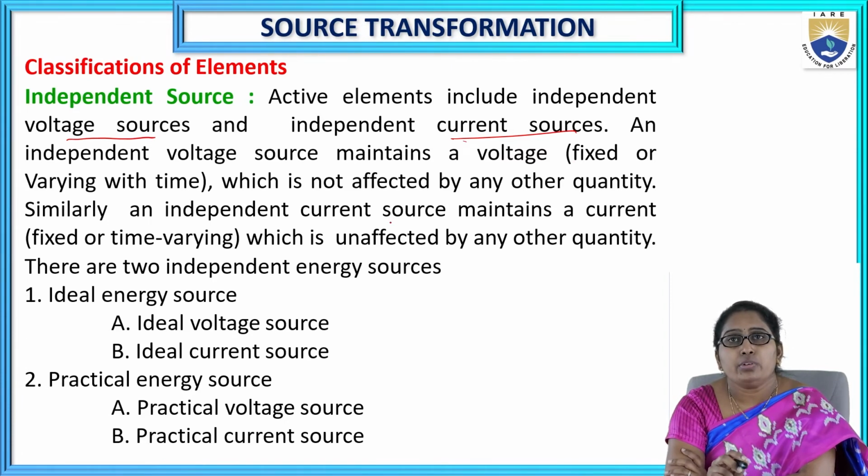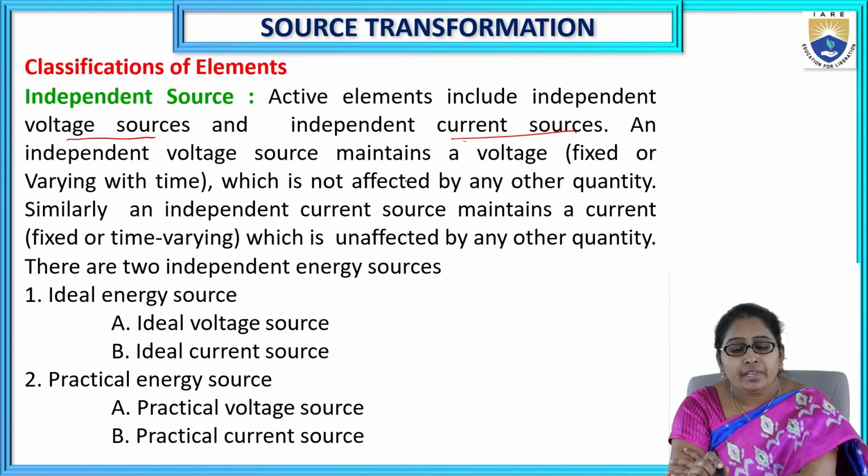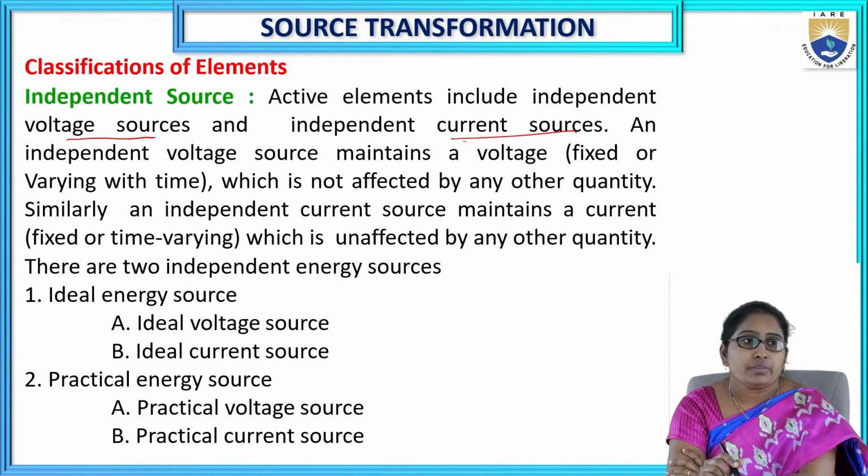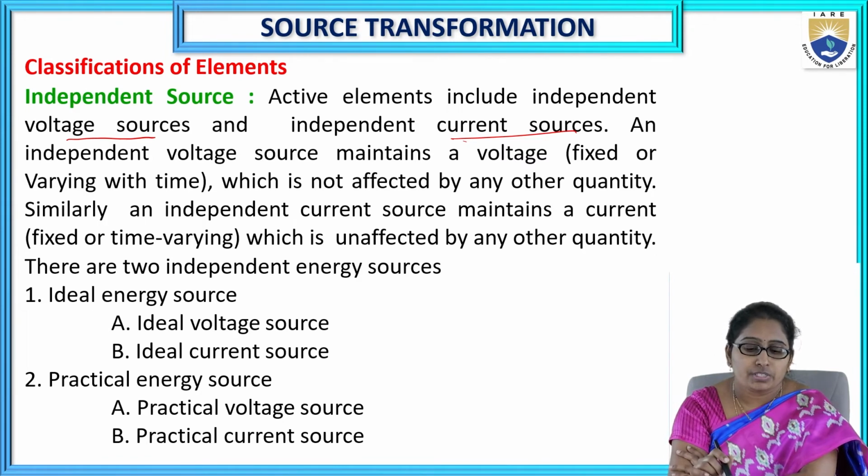It maintains a voltage, which may be a fixed value or alternating value, meaning a DC value or AC value, which is not affected by any other quantity in the circuit. That is called an independent voltage source.